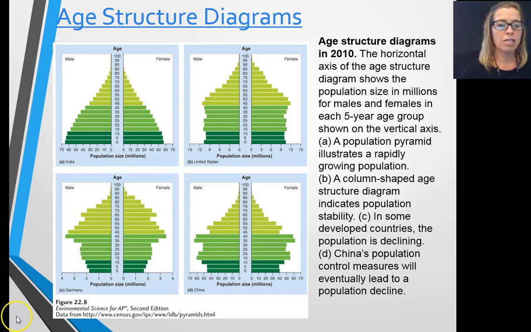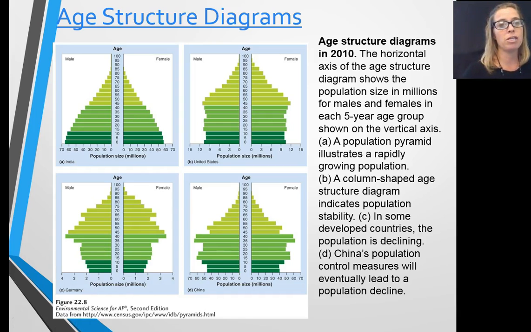The first thing I'm going to do is clarify that in an age structure diagram, what you're looking at is the non-reproductive age individuals, the reproductive age individuals, and the aging individuals. So we have three major groups here, and if you have more babies than you have reproducers, then when these individuals move up to here, you're going to have more people to have more babies.